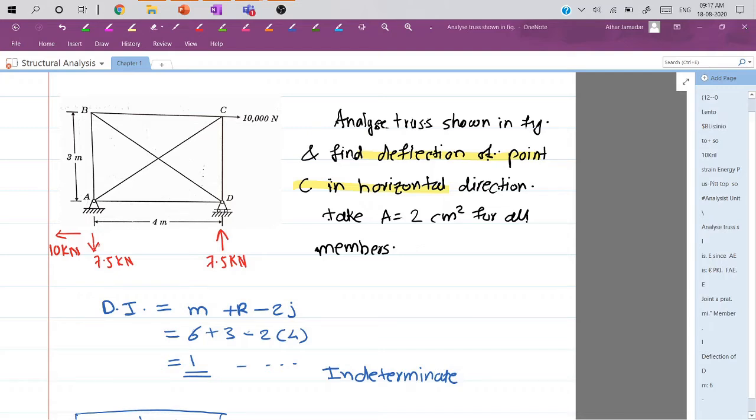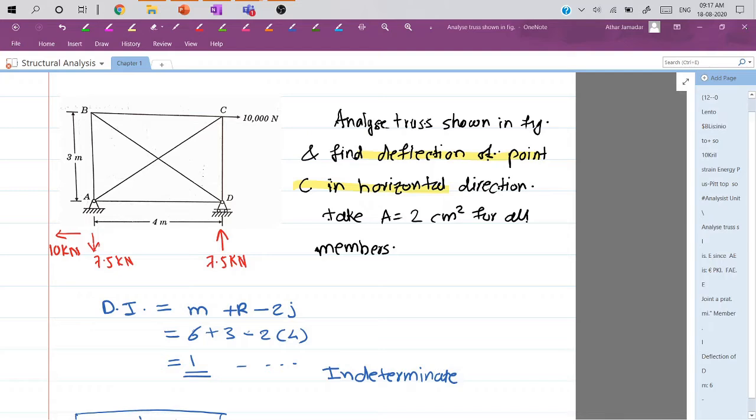At joint A there are three members meeting, AB, AC, and AD, so we cannot select A. At joint D also there are three members meeting, DA, DB, and DC, so D cannot be selected. At joint C also we have three members, CB, CA, and CD, so C also cannot be selected.